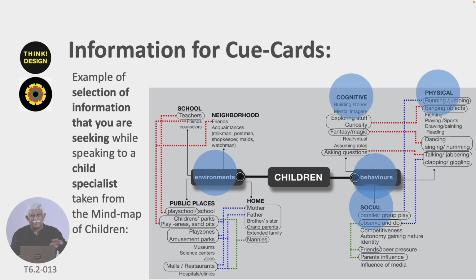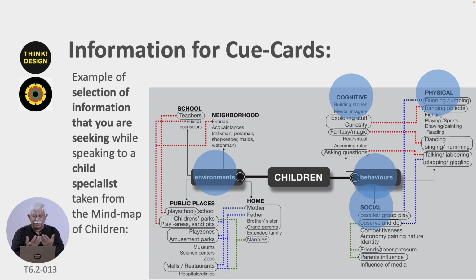For example, let's say you're studying children and you've gone to speak to a child specialist. You want information on the kind of environments children are comfortable in, what their cognitive behavior is, what their physical, sensory behaviors are, and what their social behaviors are.